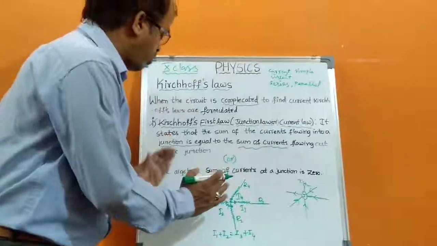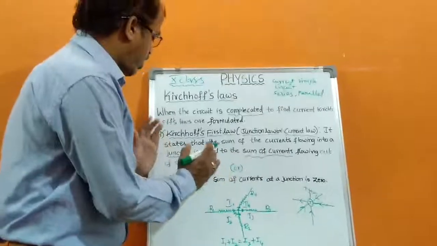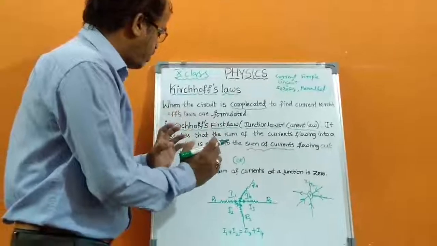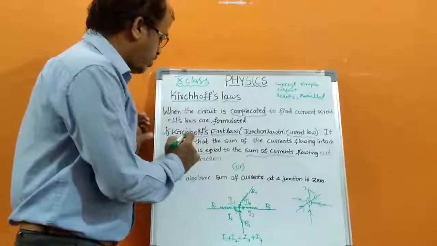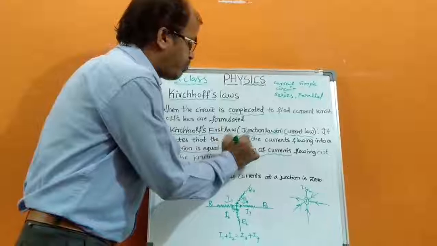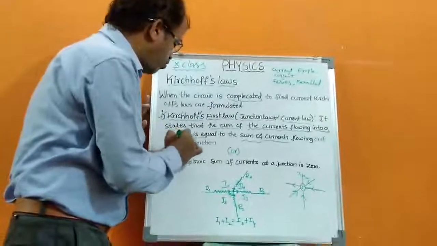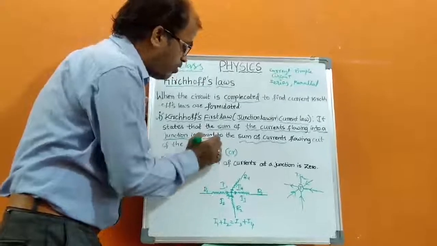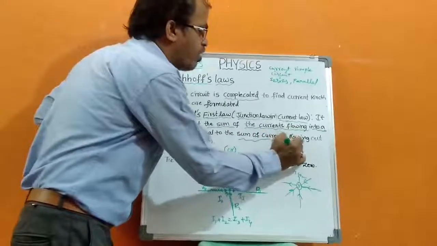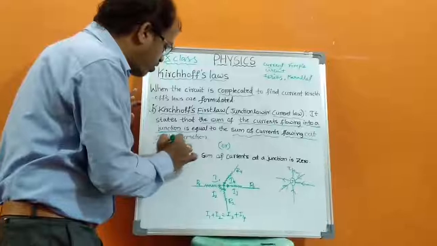This is called Kirchhoff's first law. I will repeat the statement. The sum of the currents flowing into a junction is equal to the sum of the currents flowing out of the junction.